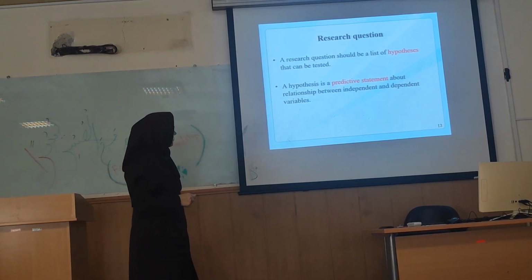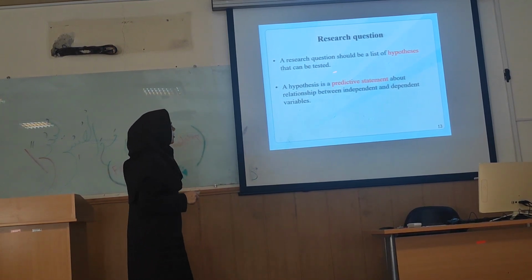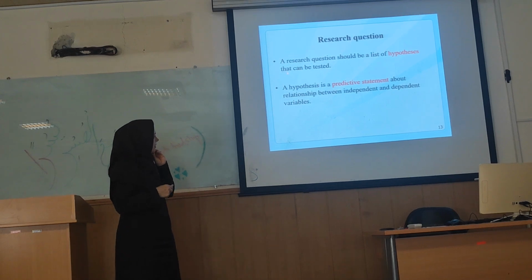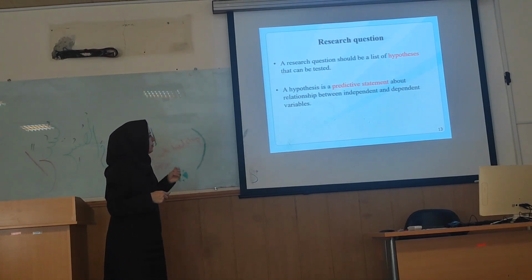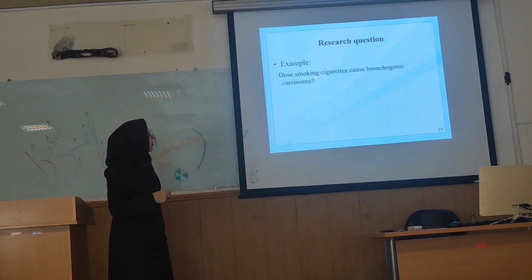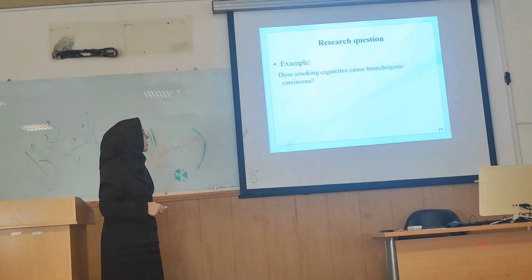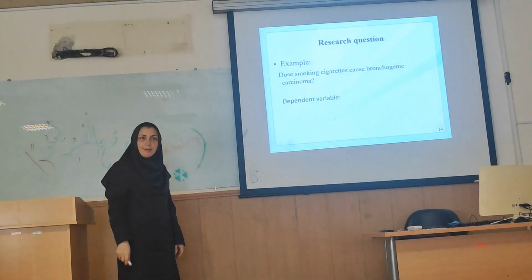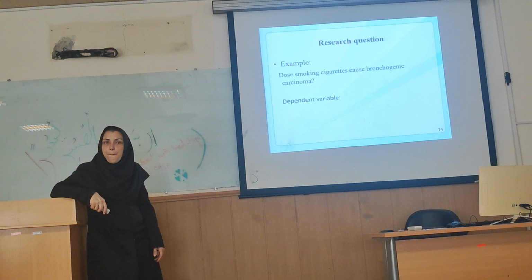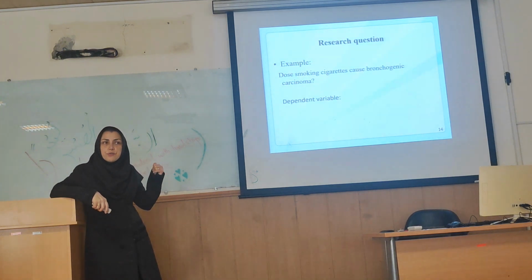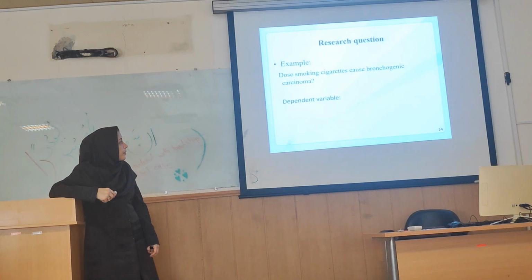Research question. A research question should be a list of hypotheses that can be tested. For example, does smoking cigarettes cause bronchogenic carcinoma? It is a kind of research question. What is dependent variable? Smoker?